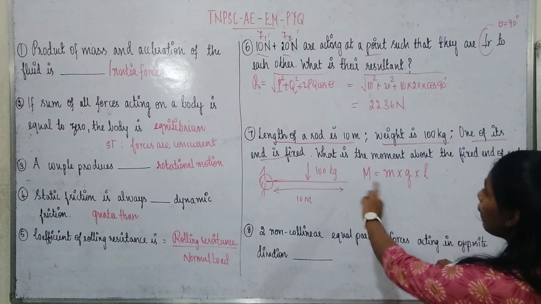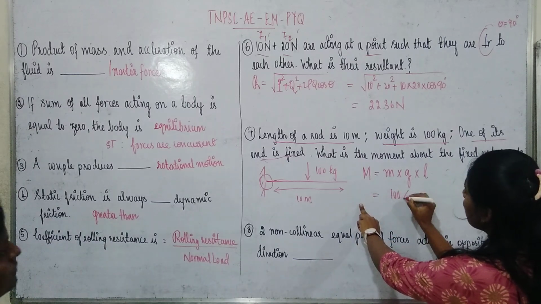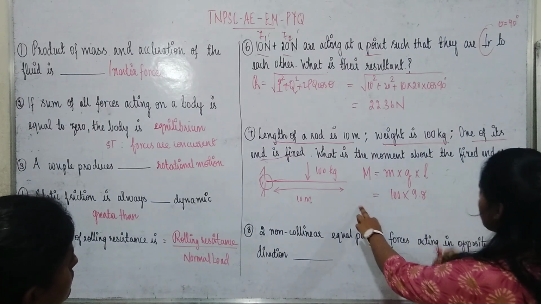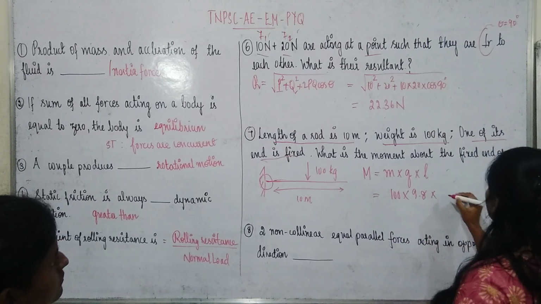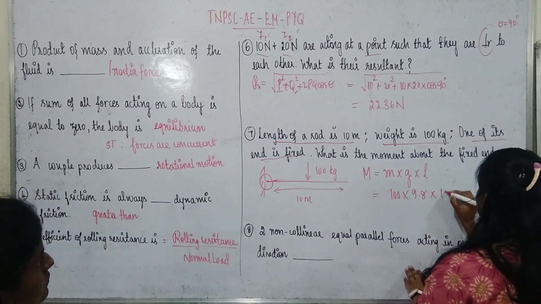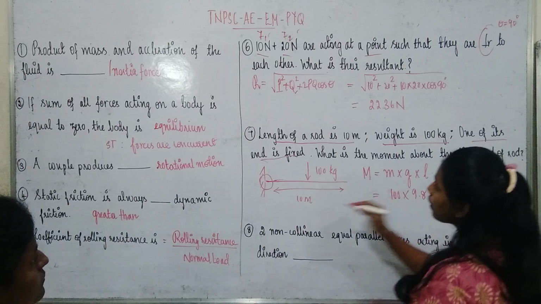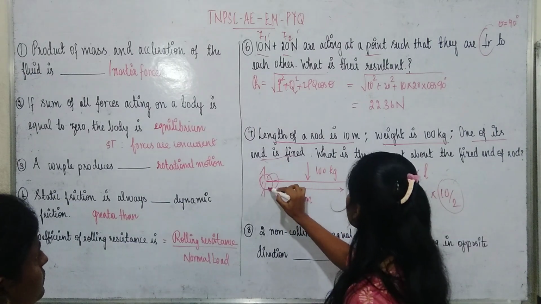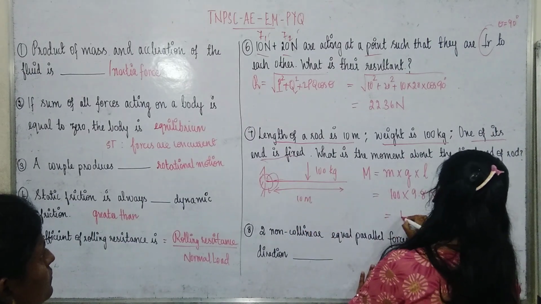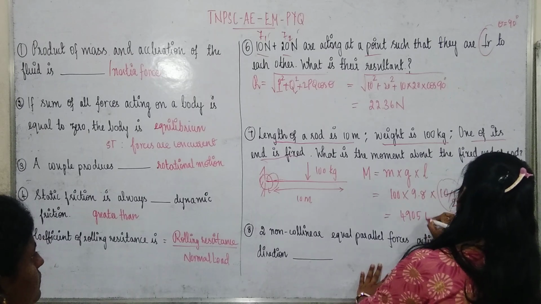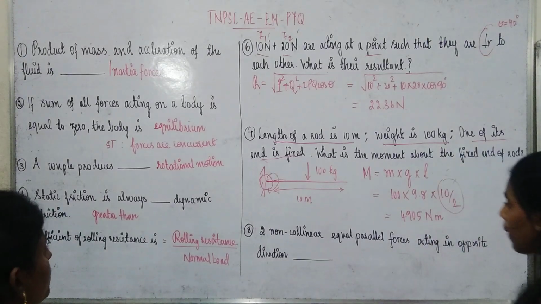So when we substitute, mass is 100 into 9.8 acceleration due to gravity into length. So we take length by 2, that is 10 by 2. This is because it is asked about the fixed end of the rod. So the answer will be 4905 Newton meter.